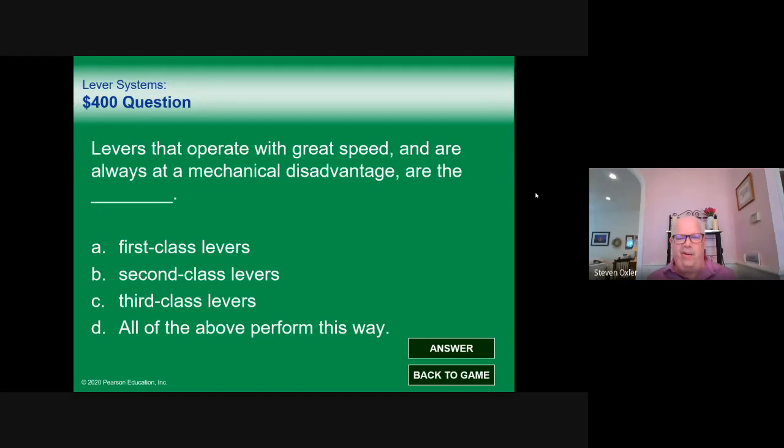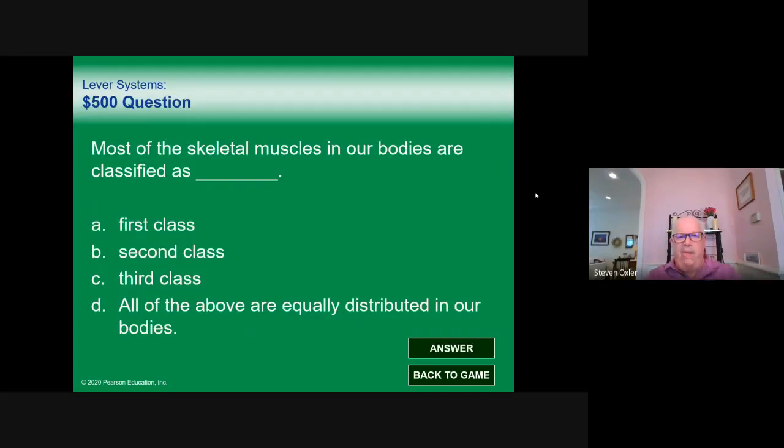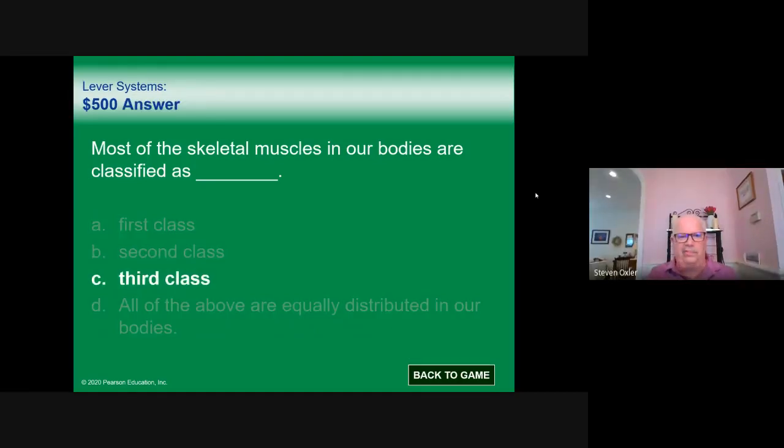They're picky. You probably don't know this answer. The answer is third class levers. But let me show you the one you should know. Most of the skeletal muscles in our bodies are classified as third class. Oh yeah, third class, no doubt.